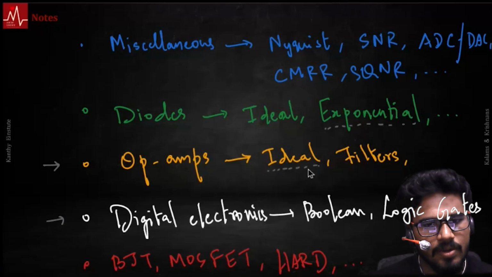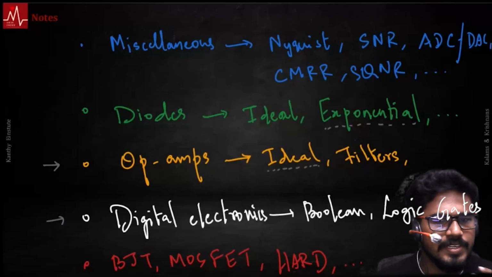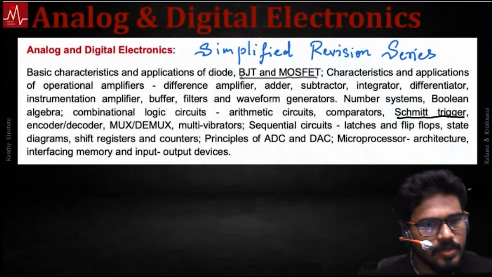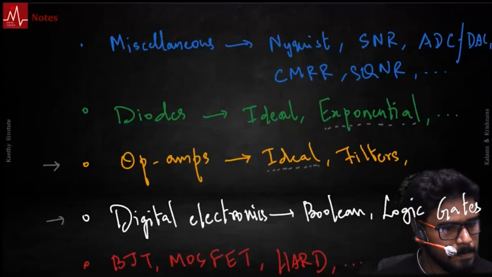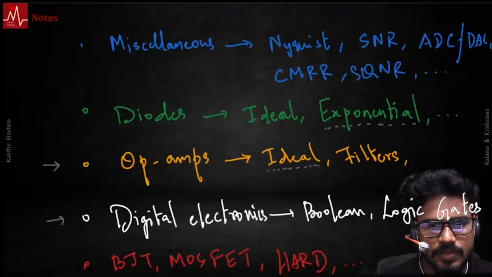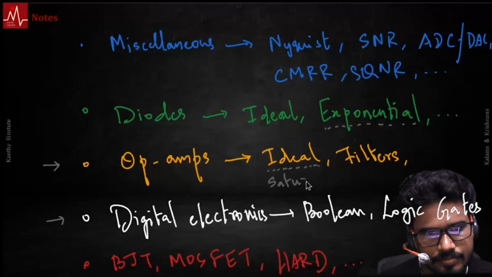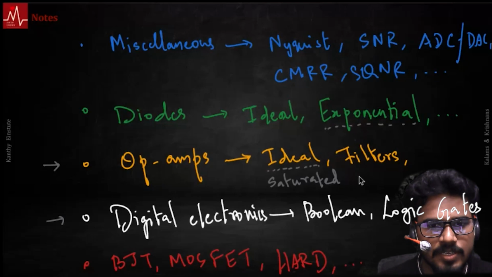Because the Schmitt trigger and all that is in the syllabus, they are targeting nonlinear saturated op-amps, or saturated or positive feedback op-amps.